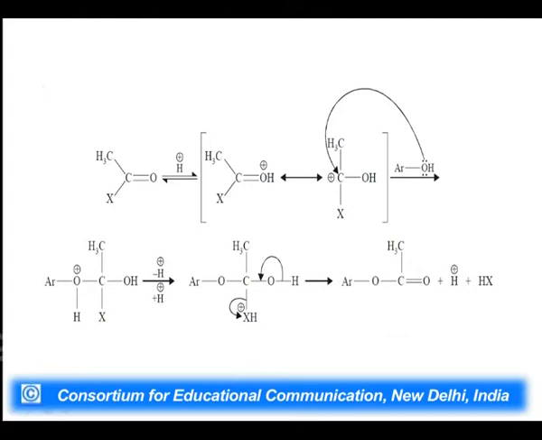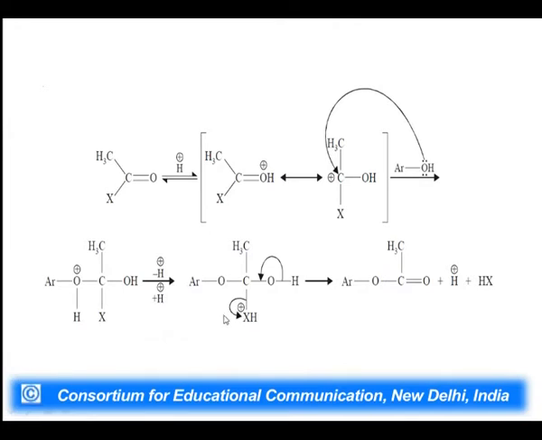Then phenol acts as a nucleophile through the lone pair of electrons on oxygen, and it reacts to give us this intermediate. Now in this intermediate a proton transfer takes place. This proton goes from here to here, and at the same time we get this second intermediate.